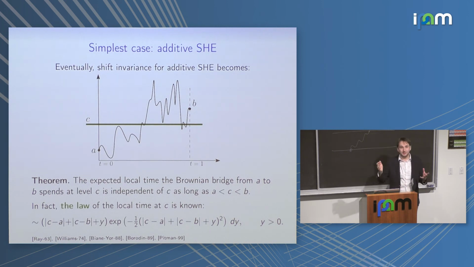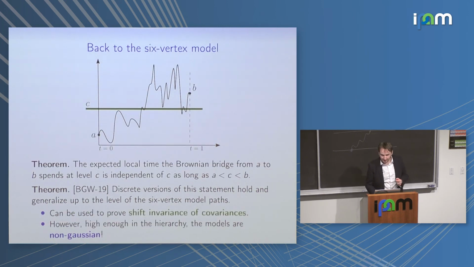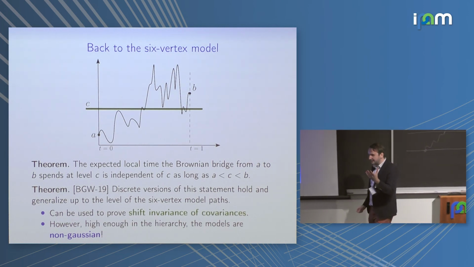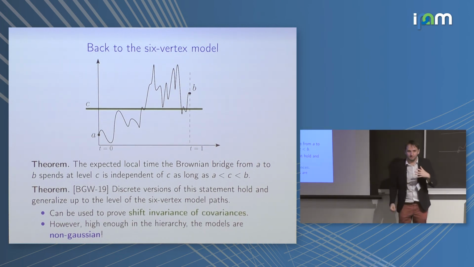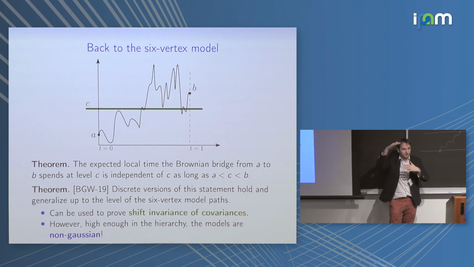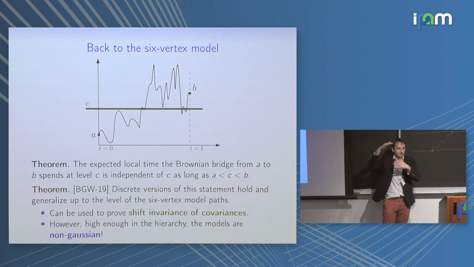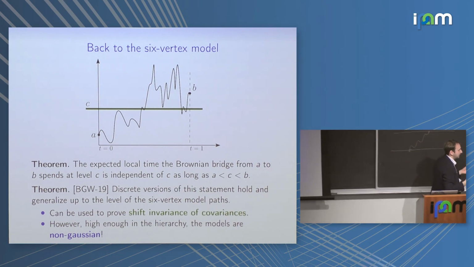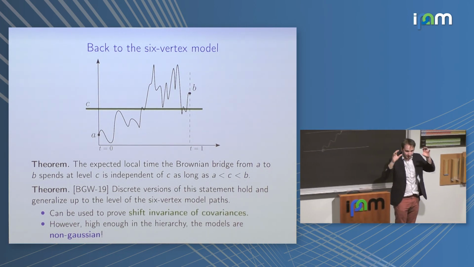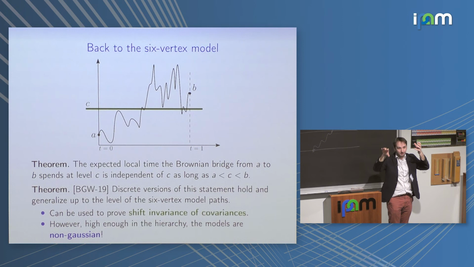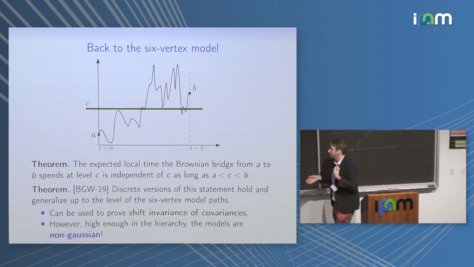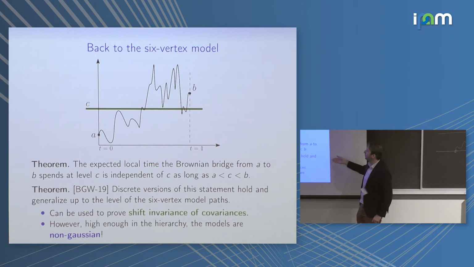But it's similar. Okay, let me first show it on the next slide. Similarly, in our discrete setting, you can again ask not about the invariance of laws, but the invariance of covariances. For example, for the stochastic six-vertex model, maybe you're not asking about the invariance of the whole height function, but the invariance of the covariance of the height function. And then we can design a proof which will be linked to the discrete version of this statement.